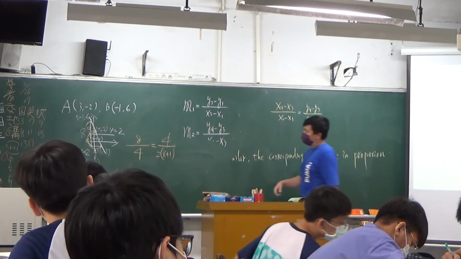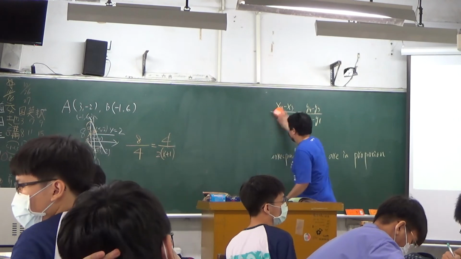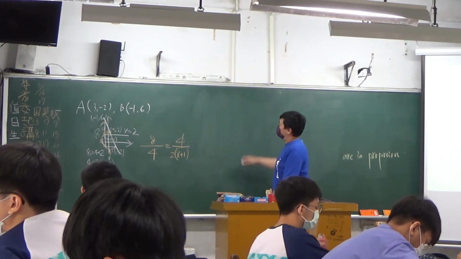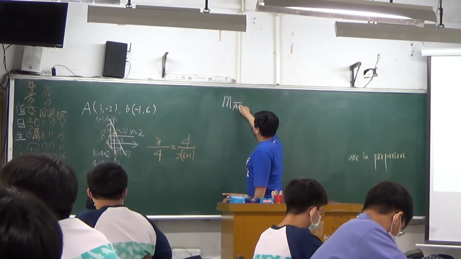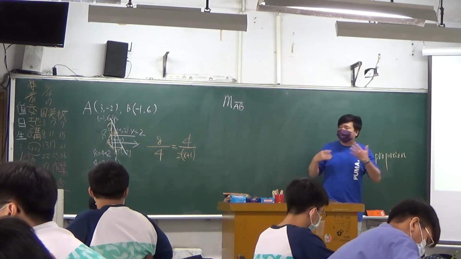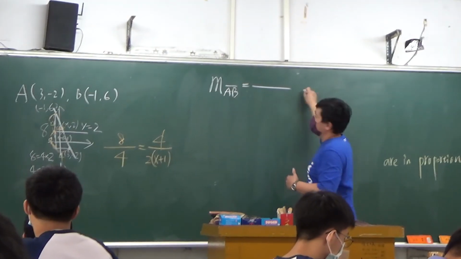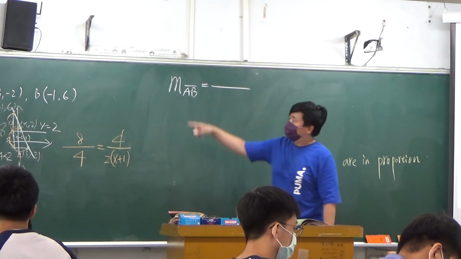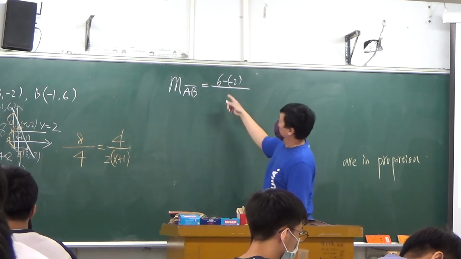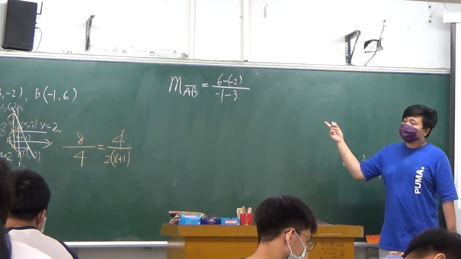Another way, I want you to use the slope of the line to solve the question. If we use point A and B to get the slope, what is the slope? It's (6 minus -2) over (-1 minus 3), right?